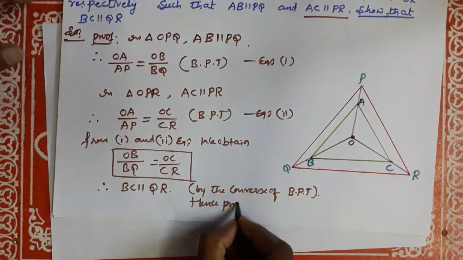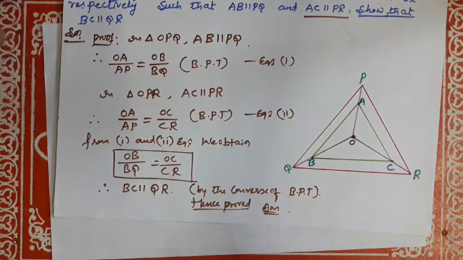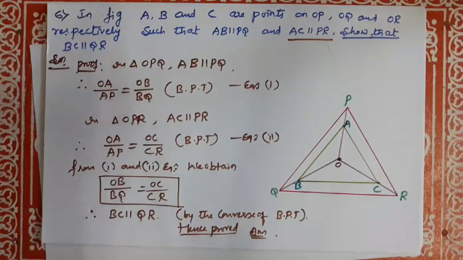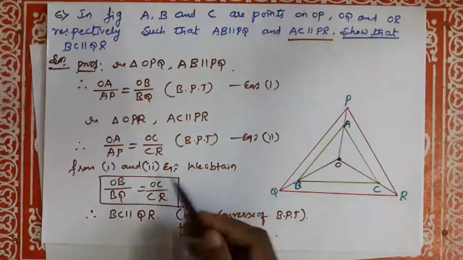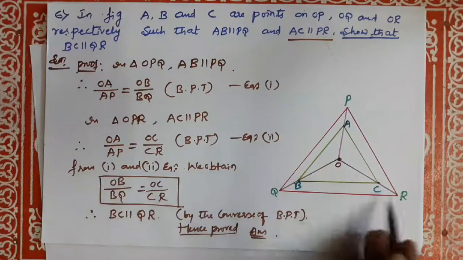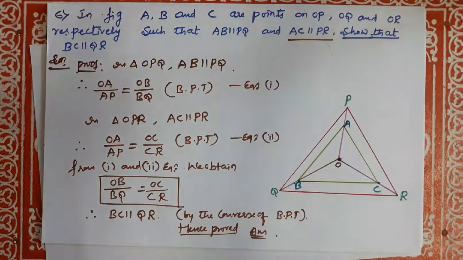Hence, proved. If corresponding ratios are equal to each other, then the lines are parallel. That is, BC is parallel to QR.